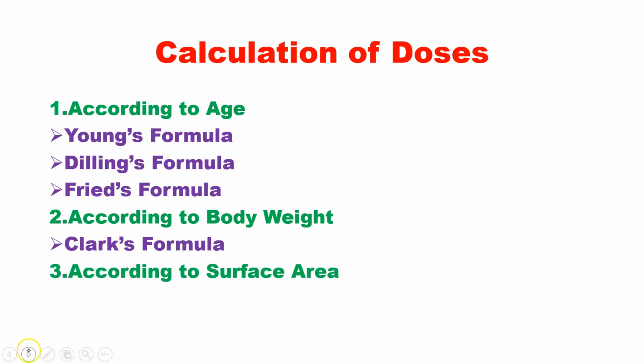And next is according to the surface area. Height is one of the factors, and weight is another factor. So these two factors affect the surface area. What should be the weight, what should be the height, and what should be the age. So these are the three factors that will govern surface area.